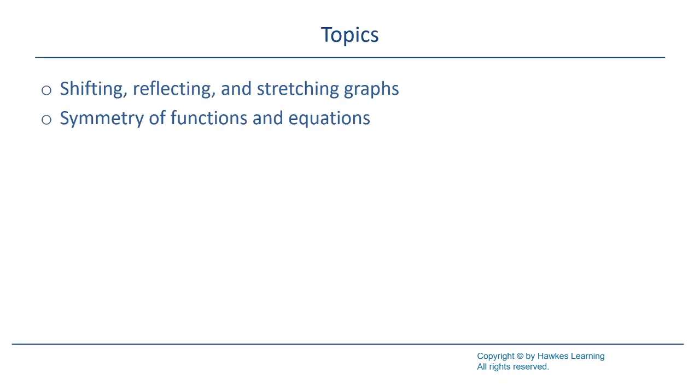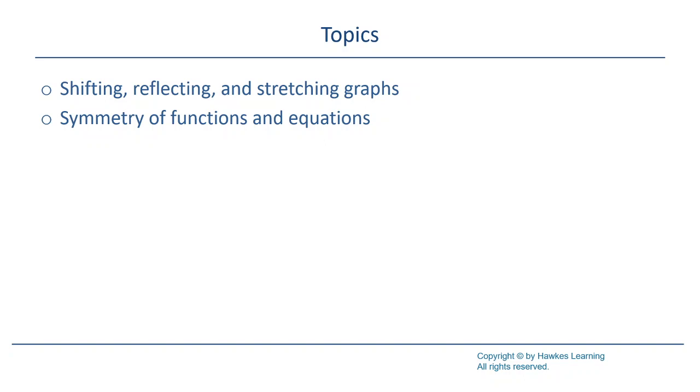So the three main things for transformations are a shift, reflection, and stretch. Now, shifting actually covers both the horizontal and the vertical. And then symmetry of functions and equations is a nice little thing that you get to use to make your life a little bit easier.